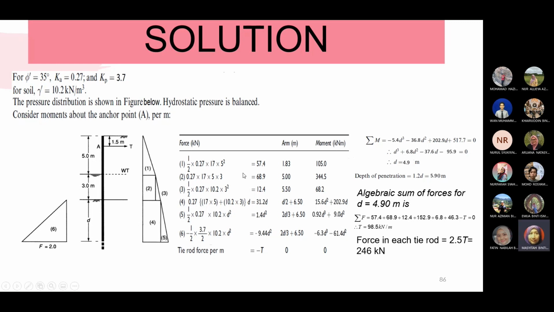Okay, you list out all the forces involved from all diagrams 1, 2, 3, 4, 5 and 6. So look at here 6 kat sini, kalau you tengok is a passive resistance kan, passive pressure. Factor of safety dia dah embed at this part. 3.7 bahagi dengan 2 factor of safety, darab dengan 10.2, darab dengan D power 2.